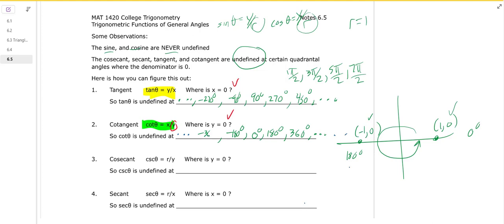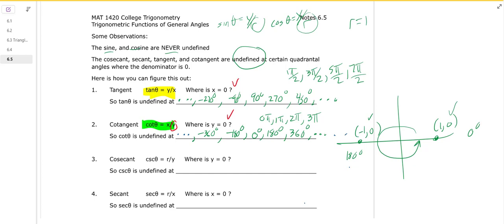It just goes on forever. If you were looking at this in radians, it would go 0 pi, 1 pi, 2 pi, 3 pi. So it's just going to have an integer in front of it: 1 pi, 2 pi, 3 pi, 4 pi, negative 1 pi, negative 2 pi, and so forth.